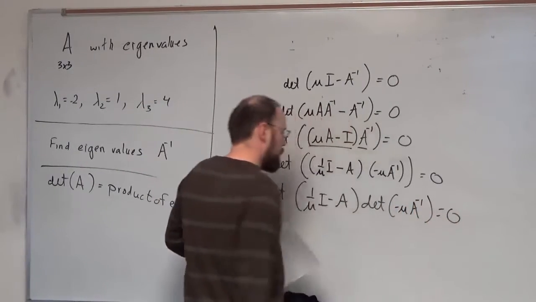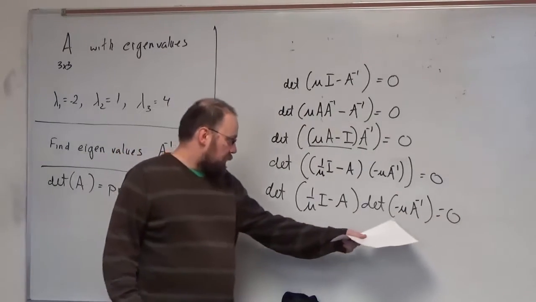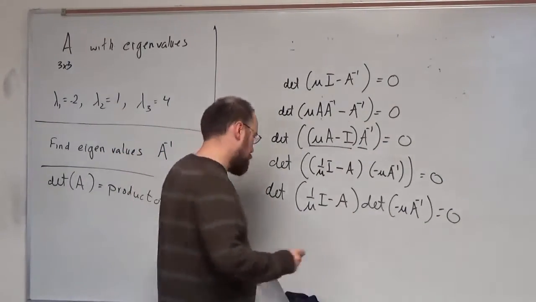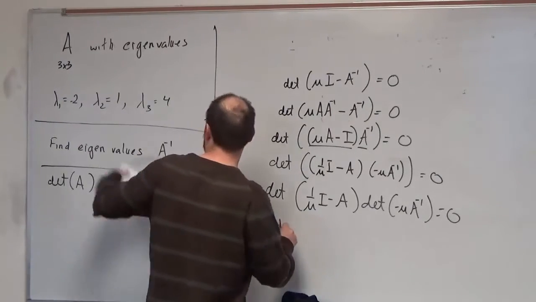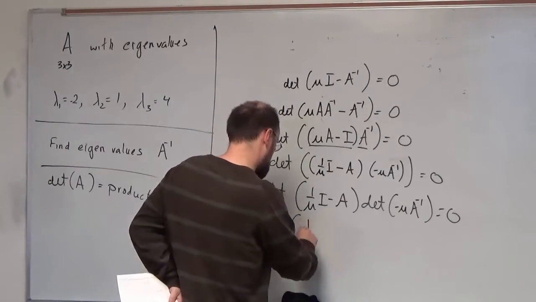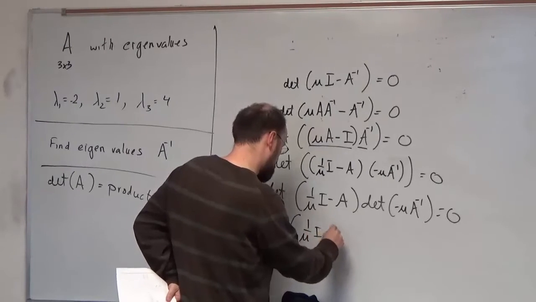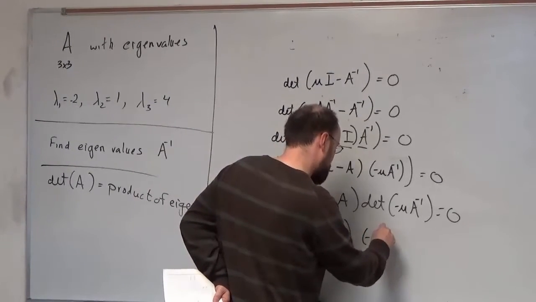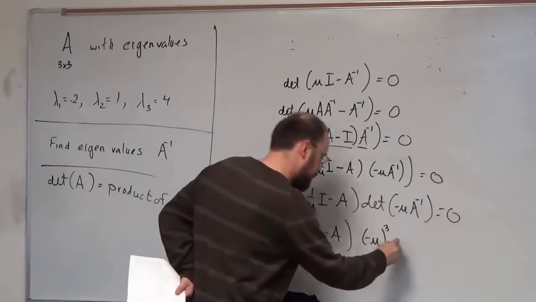So we have the determinant of some number times the matrix, and this is a 3 by 3 matrix. You get negative mu to the power 3 by properties of determinants.